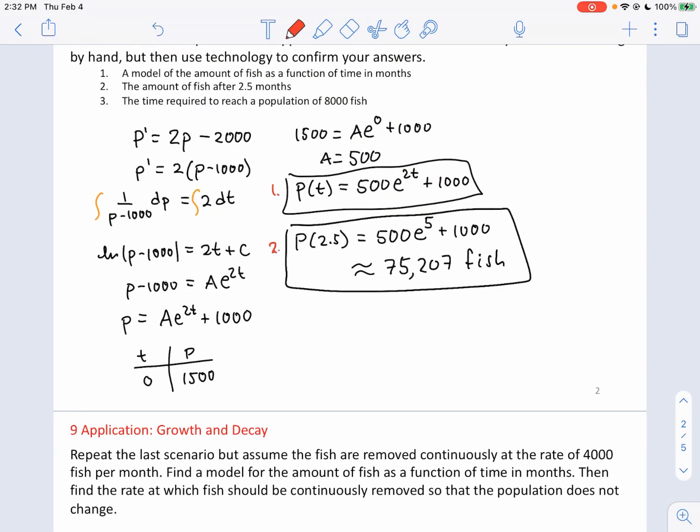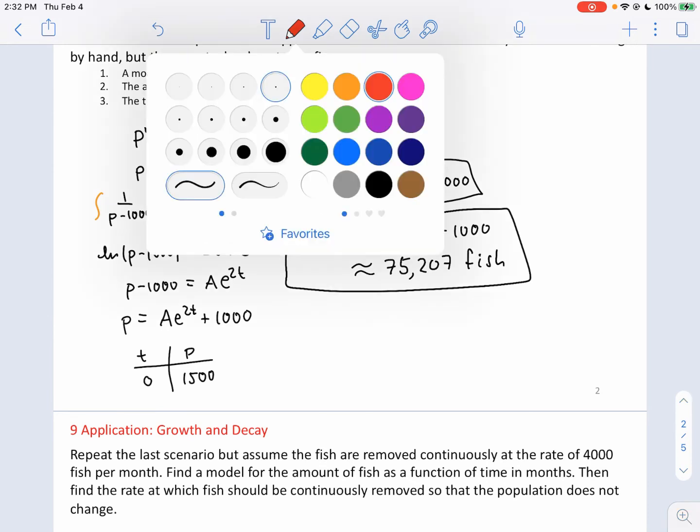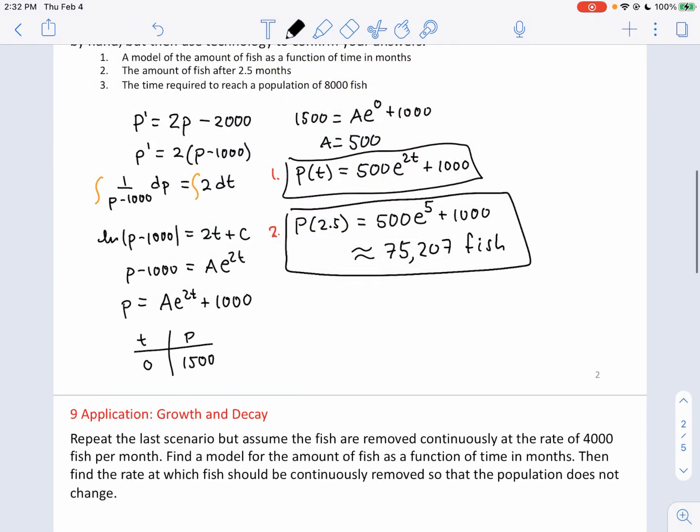Third question, the time required to reach a population of 8,000 fish. Okay, so we go back to our model, we change the population to 8,000, and we solve this equation for t. So subtract 1,000, so we get 7,000 equals 500 e to the 2t. Divide by 500, so we get 70 over 5, which is 14.